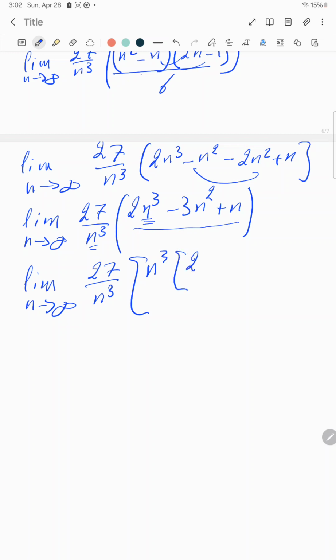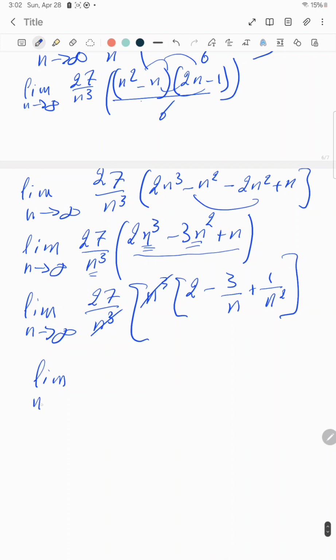The first term becomes 2 minus 3 divided by n, because n3 times 3 is 3n3 divided by n is 3n2, so I come back to where I used to be, plus 1 divided by n square. Now I can simplify this n3 and n3, so the limit when n goes to infinity is equal, there is divided by 6 here. My formula, I forgot to put divided by 6 here, so the divided by 6 here.